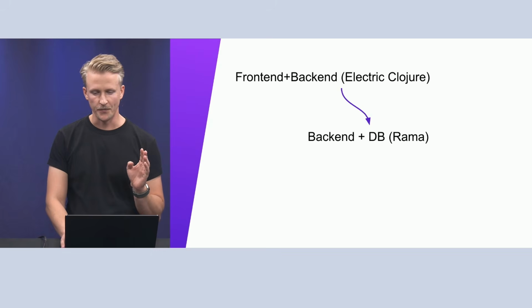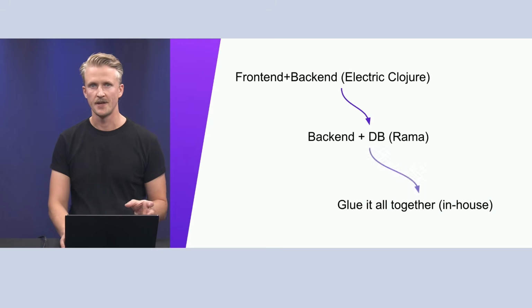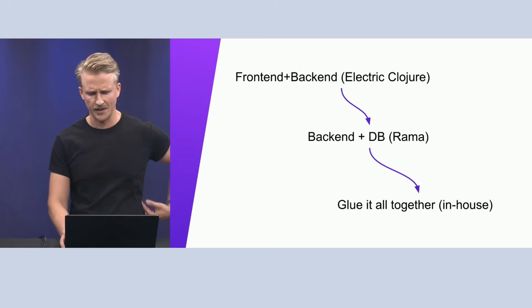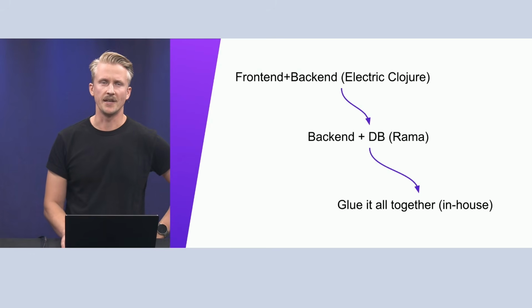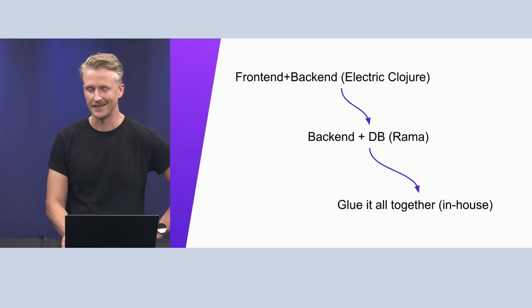Then we'll move on to Rama, which is basically backend plus DB, and if we have time, I'll also touch on some in-house glue that we have on the JVM that kind of glues it all together nicely. It was a baby project of Henrik at Multiply, so it was all in place when I got there, and I find it pretty amazing.